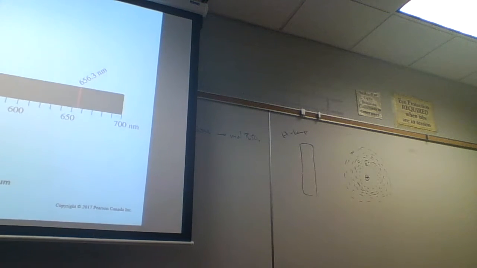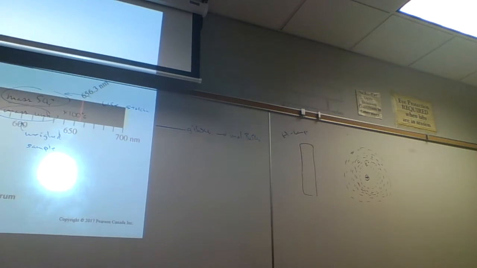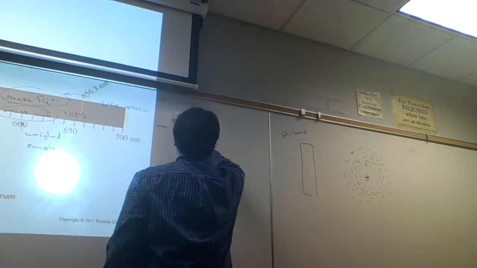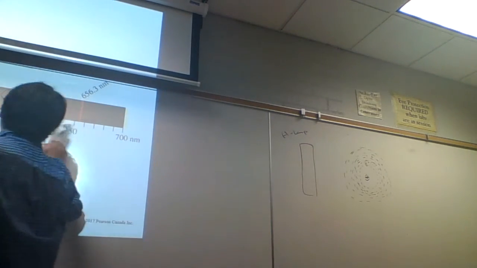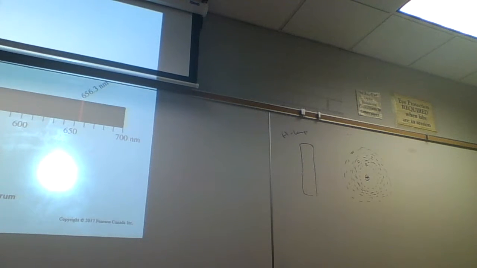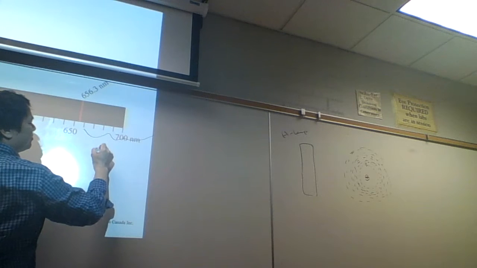And so what we call this is, when we see a spectrum like this with black regions, those black regions are forbidden regions. Since there's no light being emitted here, these are forbidden.